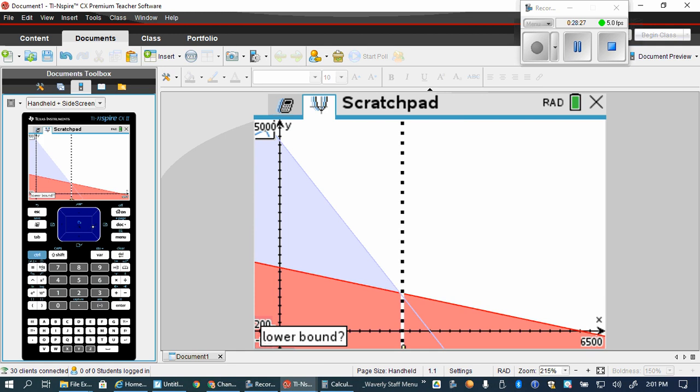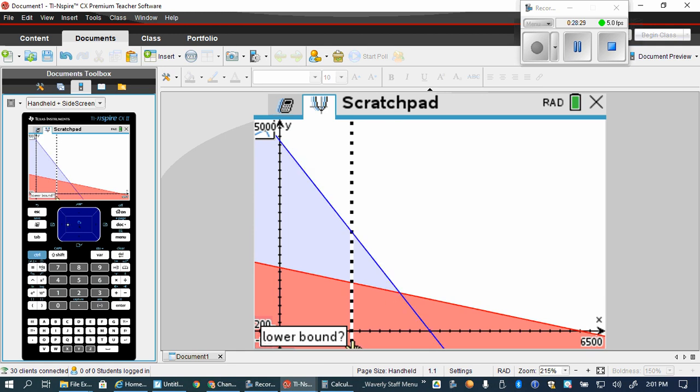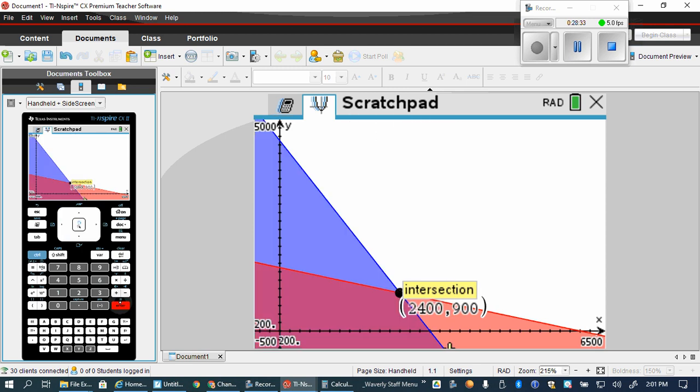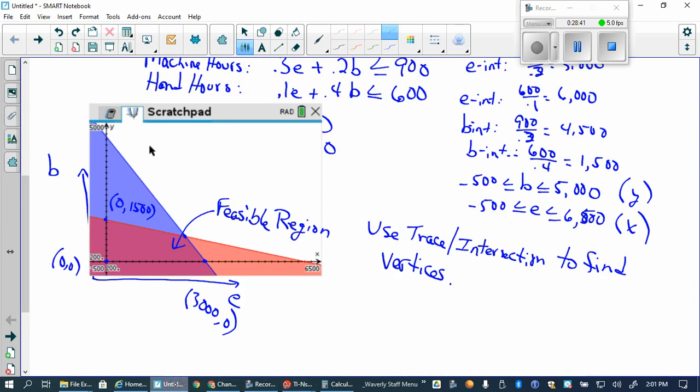Lower bound, upper bound, 24, like he said, comma 900. And so this is at 2,400, comma 900. So where they intersect, you would make 2,400 pairs of elite and 900 pairs of bolts.